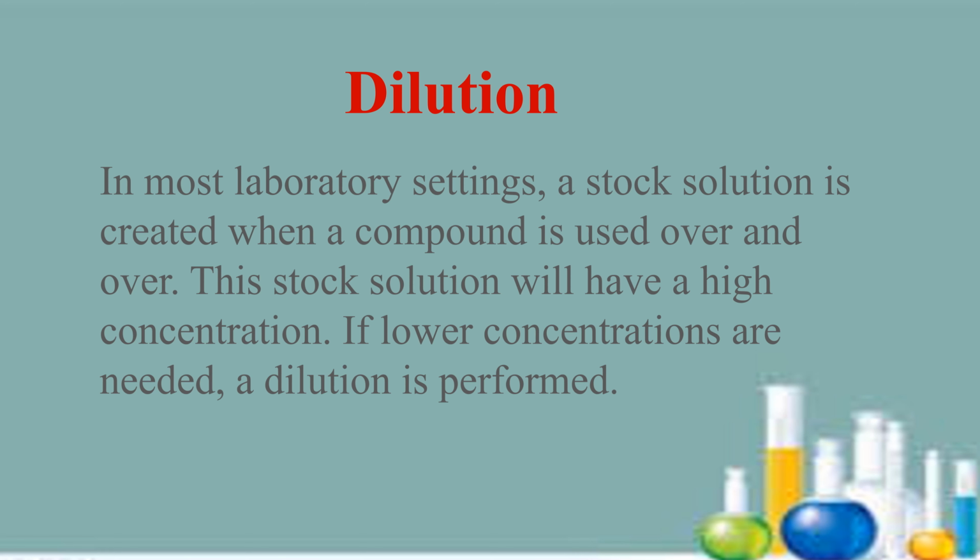We purchase large quantities of concentrated solutions of chemicals that we use over and over again. The concentrated stock solution, we can lower these concentrations as needed, and we do this by dilution.